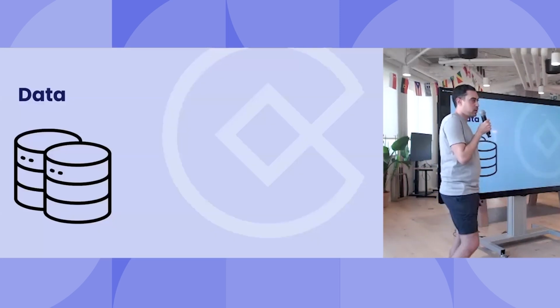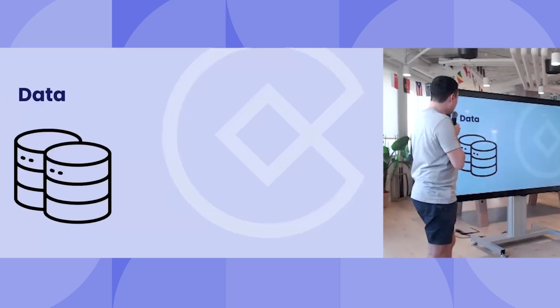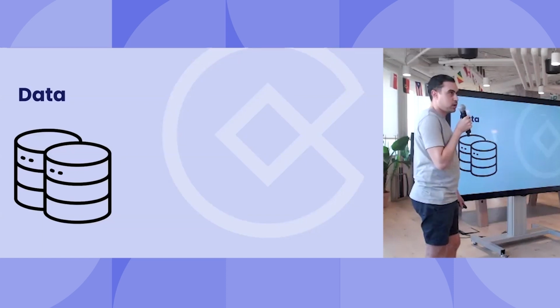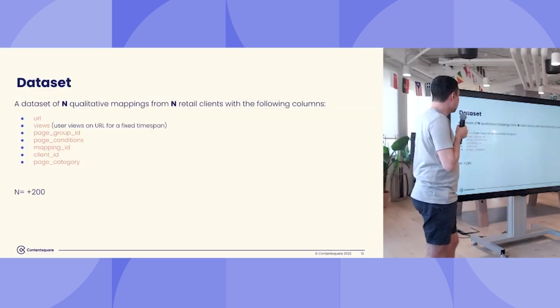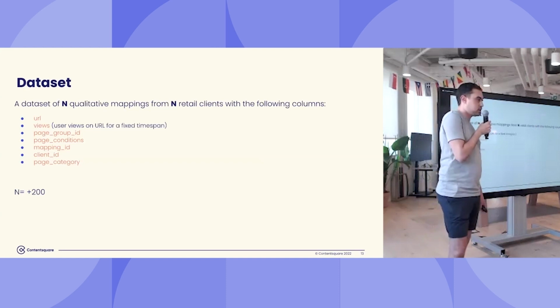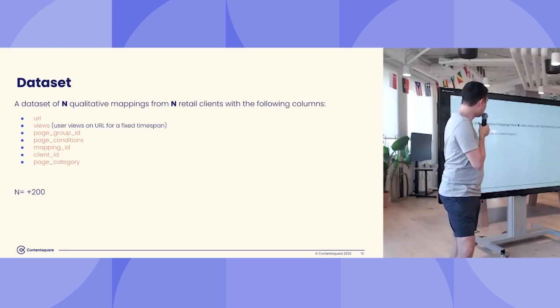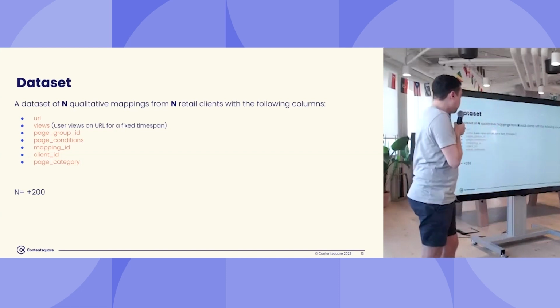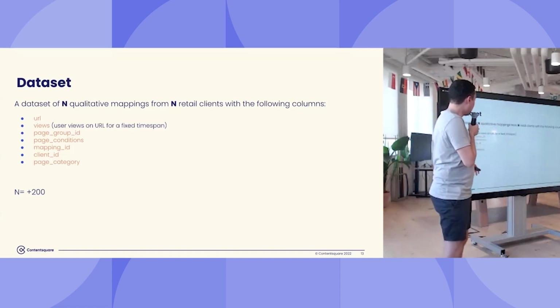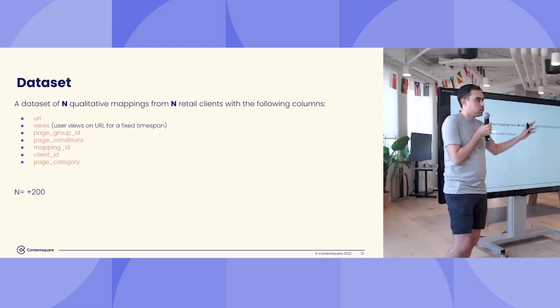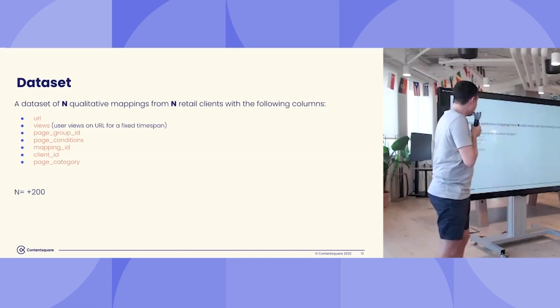So before going into the solutioning, let's see what data we have in hand. We crafted a data set of approximately 200 qualitative mappings. They come from approximately 200 retail clients, one mapping equals 1 client. For each client, we have tabular data, a URL data frame, where each row is a URL.